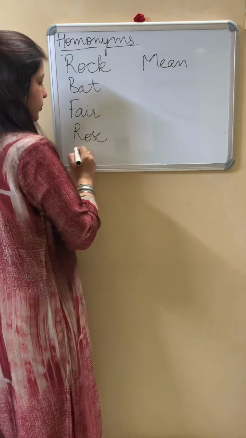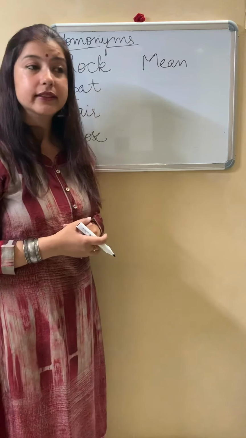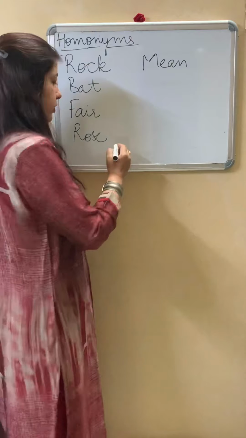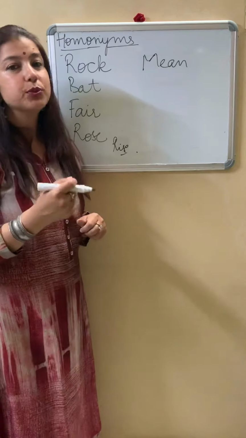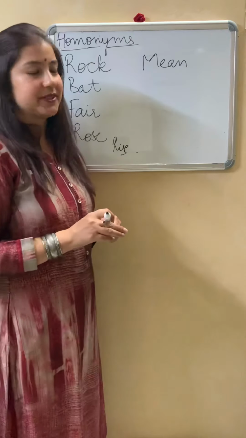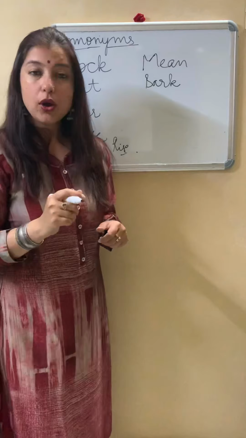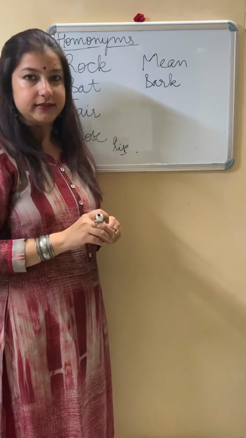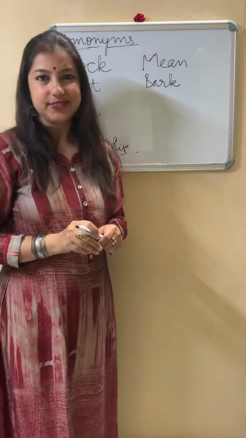Okay, coming to this word, rose. One meaning is flower, you all know, and the other is the second form of the verb rise. She rose to pick up the rose. Then one more, bark. The dog was barking and near the bark of the tree.